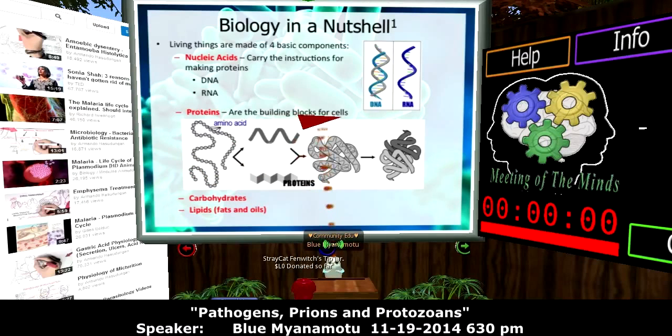You can see the DNA has 2 strands, so it looks like a ladder, and RNA has 1 strand. Both of these carry the information on how to make an organism, depending on what that organism is.